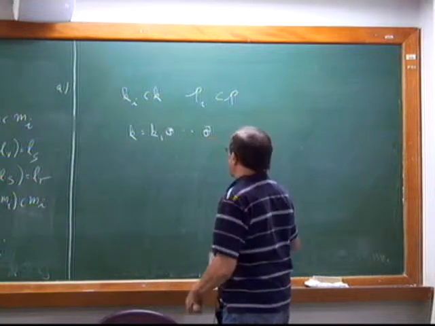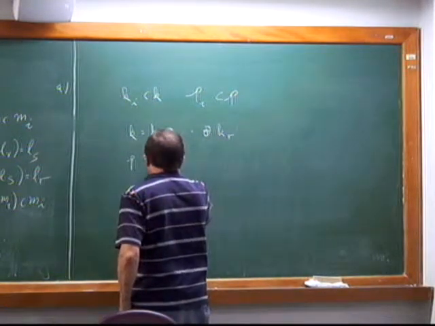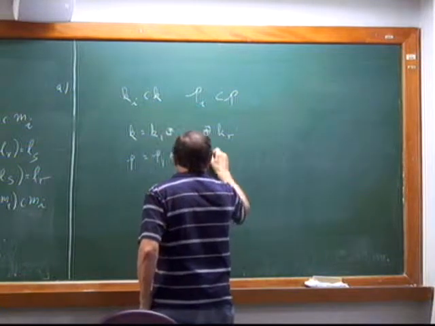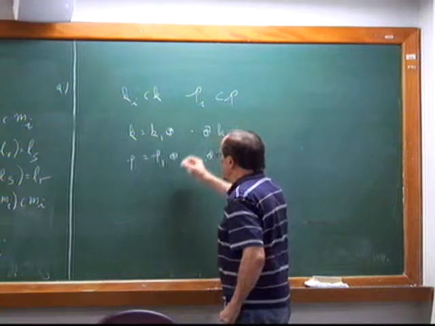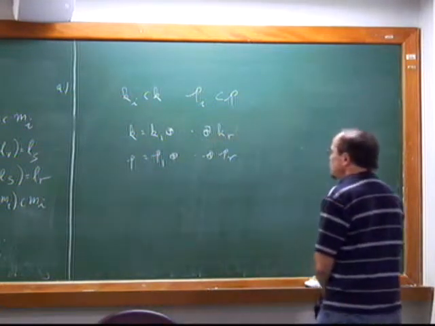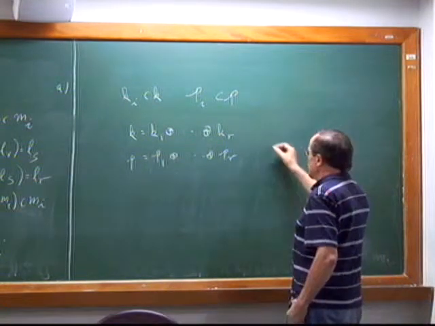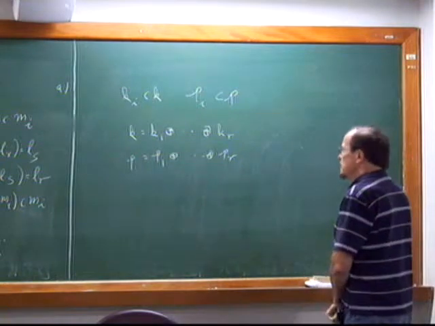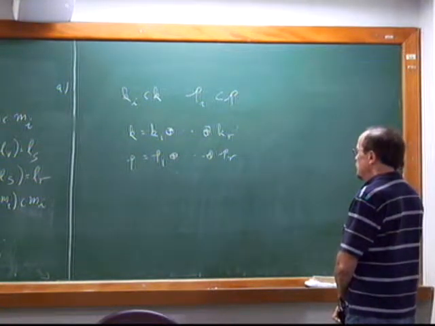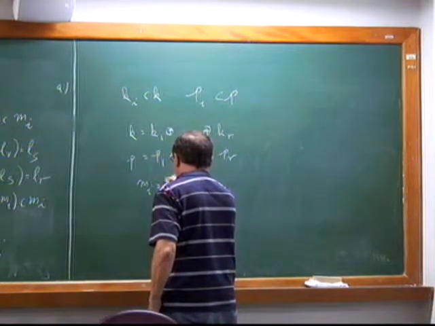So it means that k splits up. How many do we have? r. And p splits up. And I claim if I look at g, oh, that's already defined, and mi was ki plus pi.